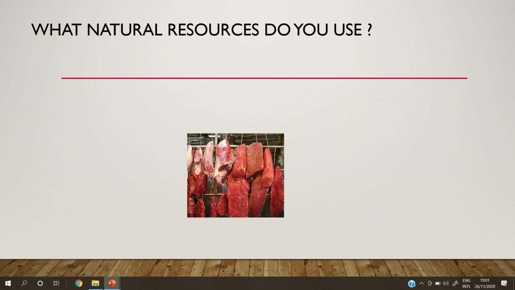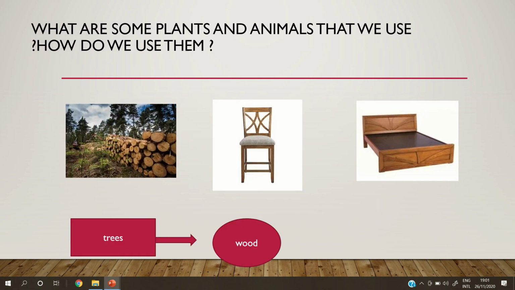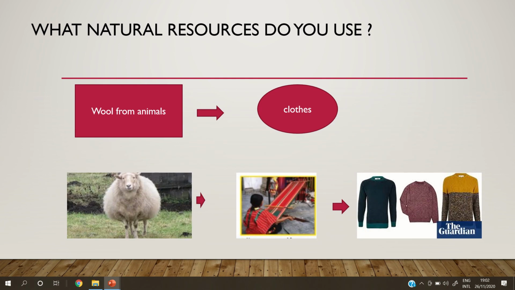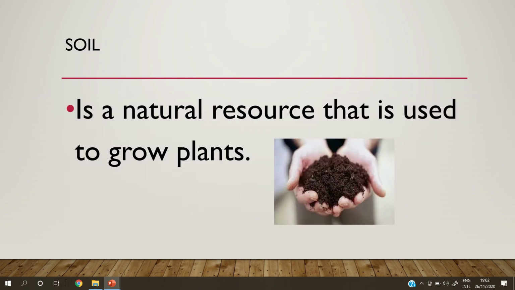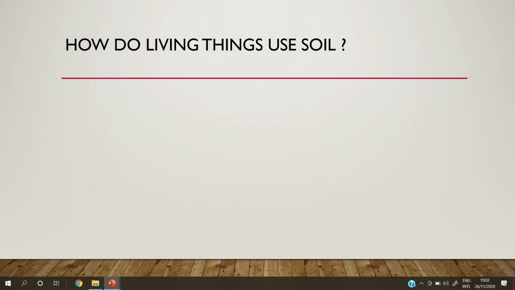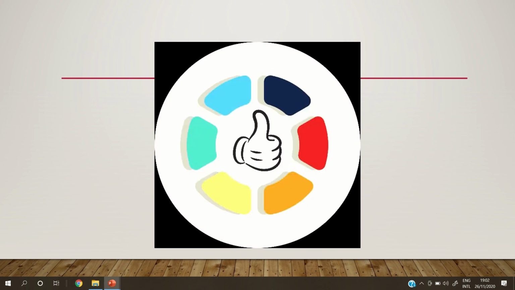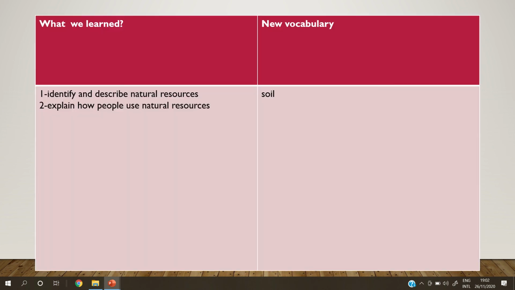From the plants we can take the wood, the vegetables, the fruits, many things. From the animals, we can take the wool, the meat, milk, yogurt, and cheese, many things. So the natural resources are very important in our life, grade 1.